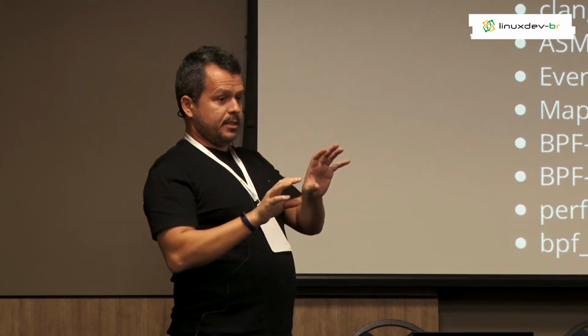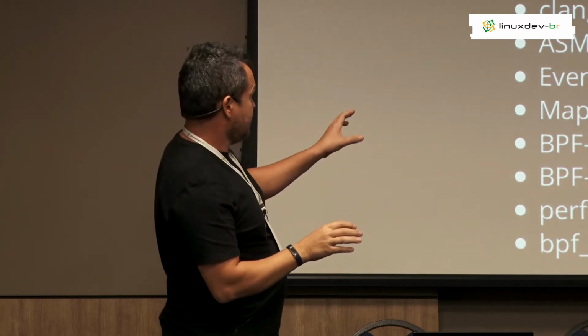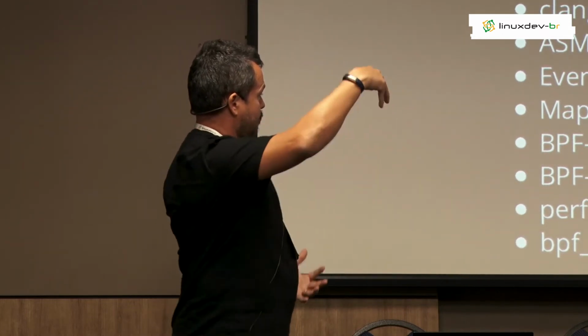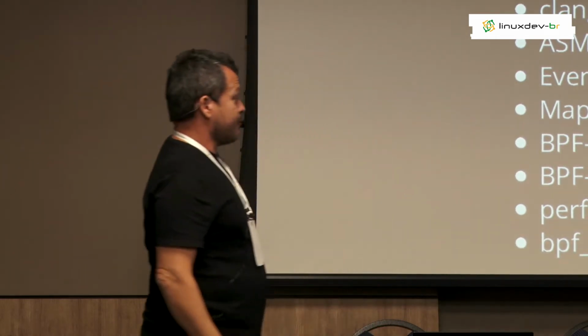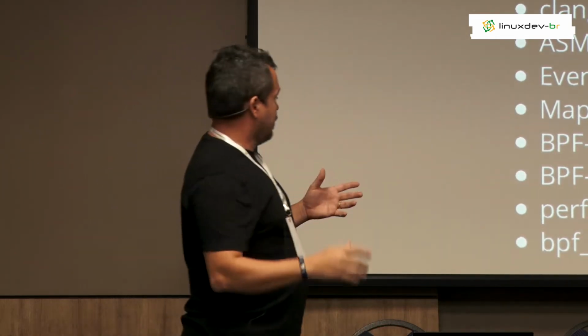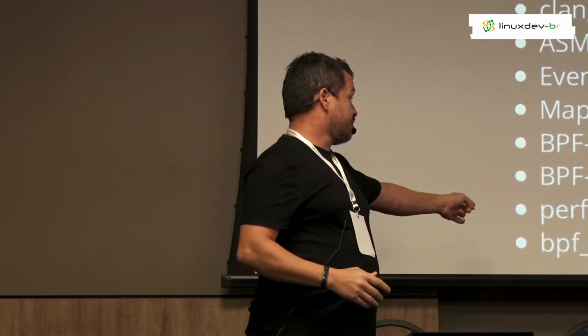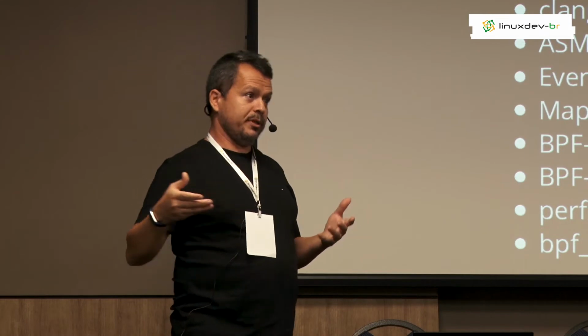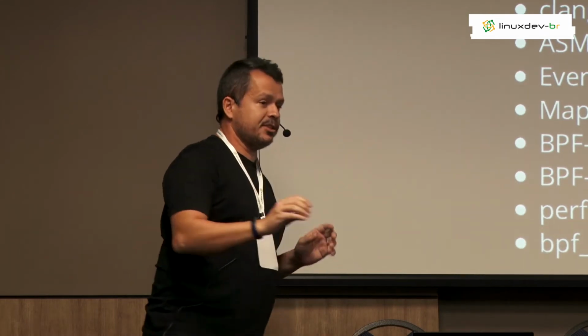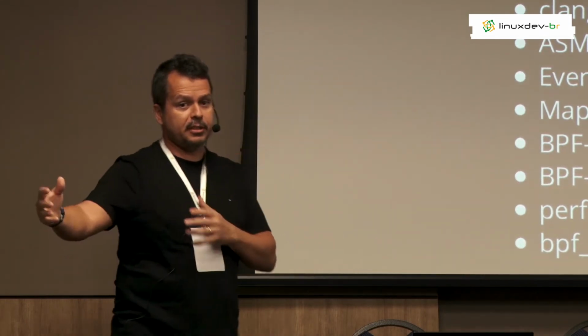So they can use it to coordinate work among them. And it can write to the perf ring buffer as well. And it can use the function bpf_trace_printk to insert messages into ftrace, which is another facility in the Linux kernel.